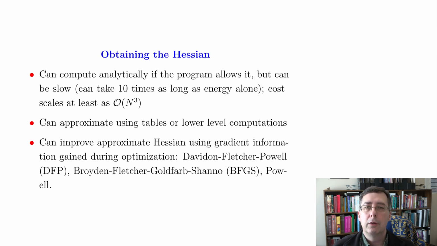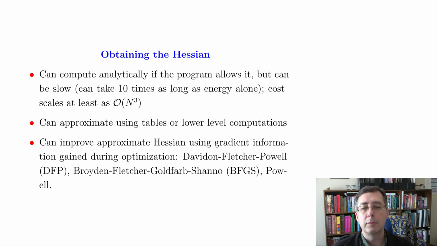Now, we've said that in Newton-Raphson we need the Hessian, or at least an approximate Hessian. So how can we get the Hessian? Well, again, it's the second derivative of the energy with respect to the nuclear coordinates. And the energy we're talking about is either a force field energy, if I'm doing molecular mechanics, or the electronic energy from the electronic Schrodinger equation if I'm doing quantum mechanics.